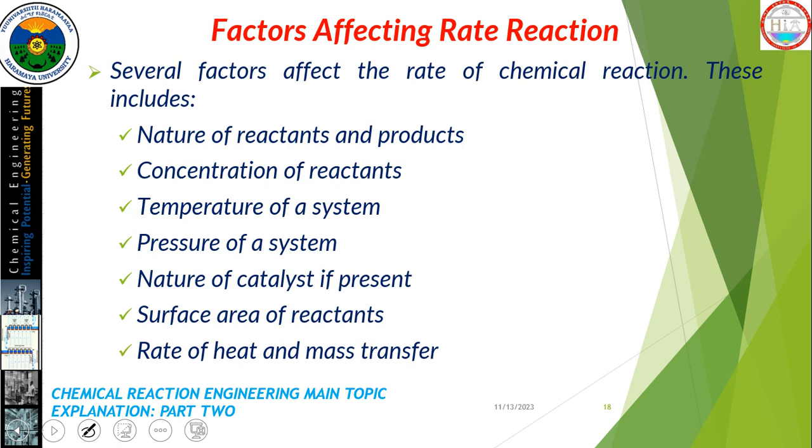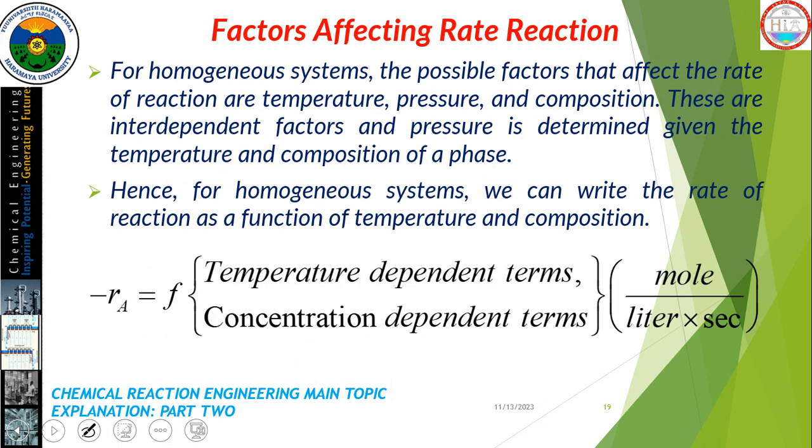The characteristics of the catalyst affect the rates of chemical reactions. For homogeneous systems, the possible factors that affect the rate of the reaction are temperature, pressure, and the composition, that is, the concentration of the reactant.